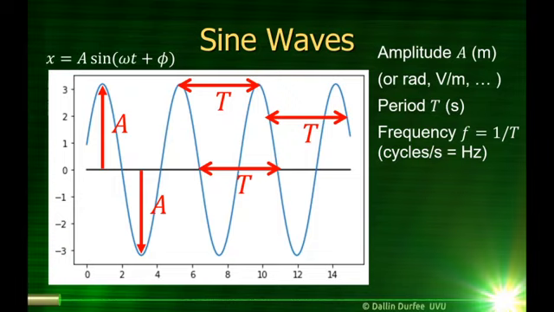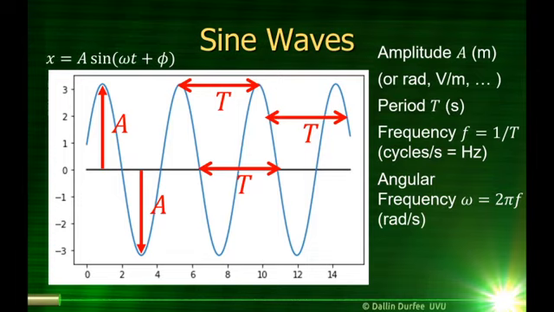Now, the frequency is how many cycles per second. There are 2 pi radians in each cycle. So we're going to define something called the angular frequency, omega, to be 2 pi times the frequency. If my mass oscillates 1 cycle each second, that's a frequency of 1 hertz, which would be 2 pi radians per second. So if I take the frequency multiplied by 2 pi, I get omega, the angular frequency.